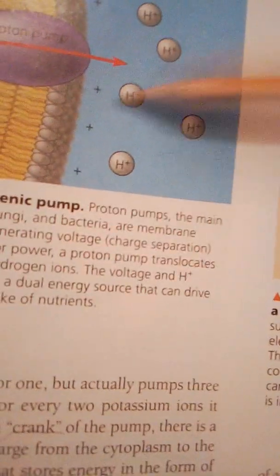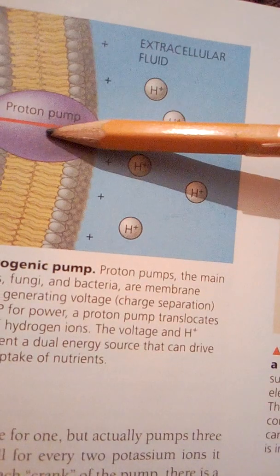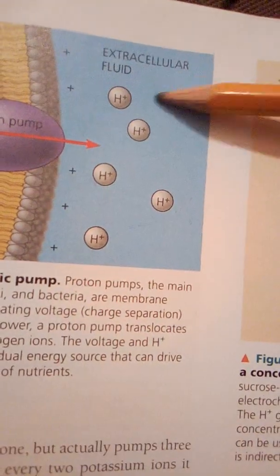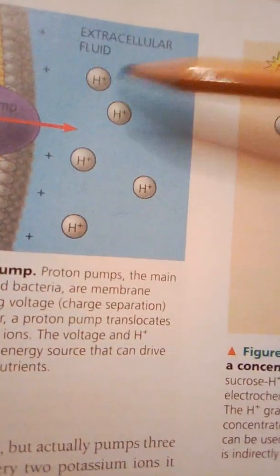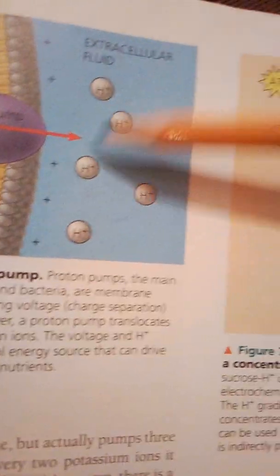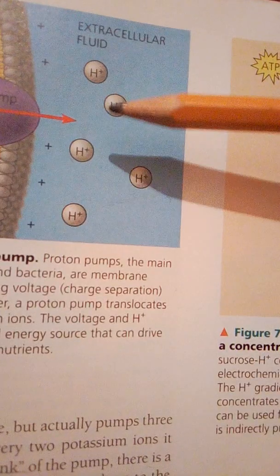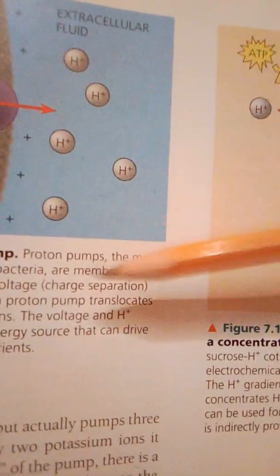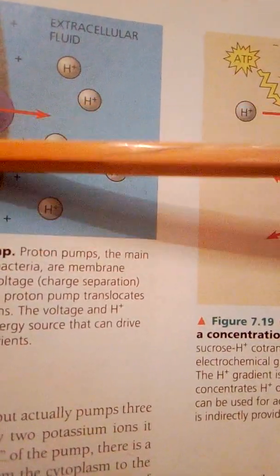Notice that this one is an electrogenic pump protein. Notice that proton pumps use ATP from the cytoplasm to pump H+ out to the extracellular fluid. The main electrogenic pumps of plants, fungi, and bacteria are membrane proteins that store energy by generating voltage, which means charge separation across membranes, using ATP for power.